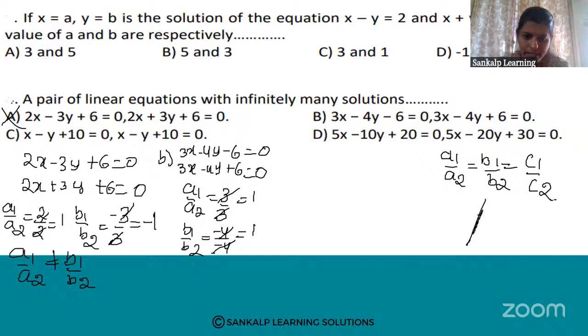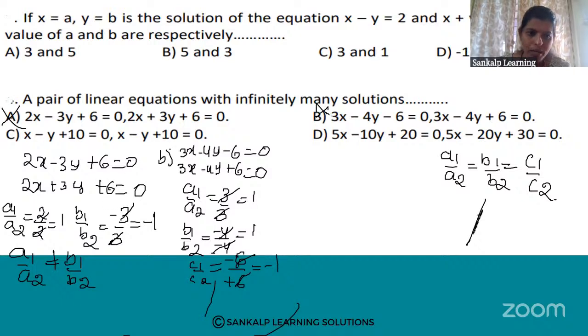Minus and minus also get cancelled. c1 divided by c2: c1 value is minus 6, c2 value is plus 6. 6 and 6 get cancelled, you will get minus 1. But we want plus 1, in order to get a1 divided by a2 is equal to b1 divided by b2 is equal to c1 divided by c2. Here minus 1 is there. Therefore, this option is also wrong.